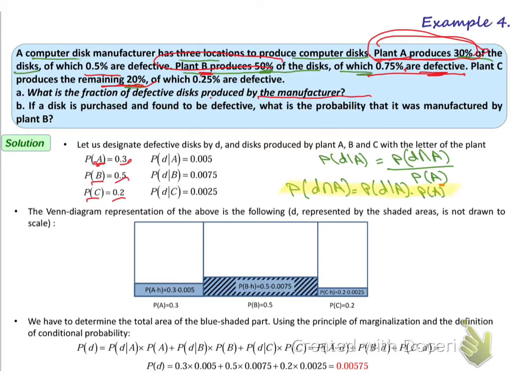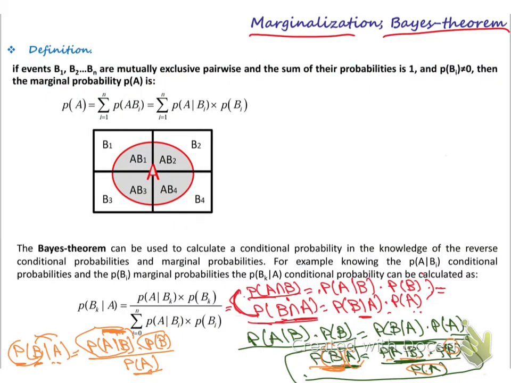So here I have the defective in A, defective in B, defective in C. If you remember, we talked about the total probability of the defective. When we talked about marginalization, we combined events and needed to get one margin of them. So I have a combination of A and B1, A and B2, A and B3, like defective and factory B1, defective and factory B2, and so on.